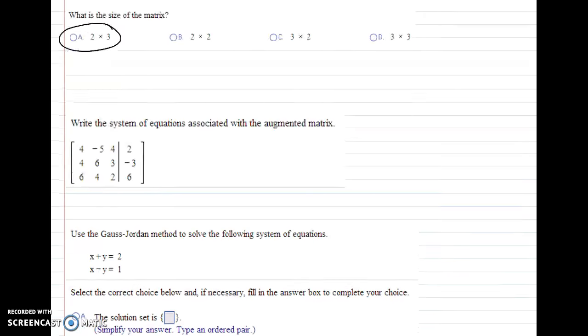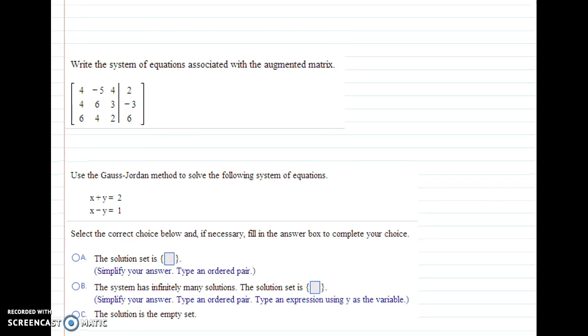Okay? We can go backwards. So if we have an augmented matrix, we can go ahead and recover the system of equations. Basically this matrix is just a list of the coefficients, and remember that vertical line represents the equal sign. So our first equation is 4x minus 5y plus 4z equals 2.